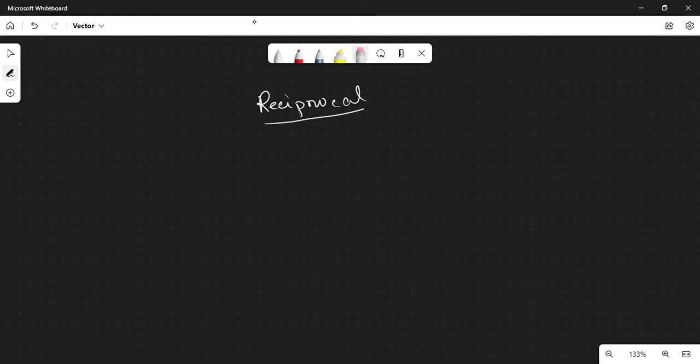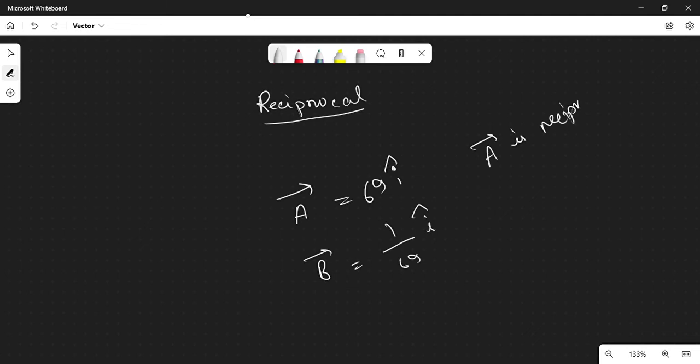Reciprocal vectors are, let's say, any vector A that has a magnitude of 69 and, let's say, the unit vector I cap. If another vector B has 1 divided by 69 and, let's say, I cap, then we will say that A vector is the reciprocal of B vector.